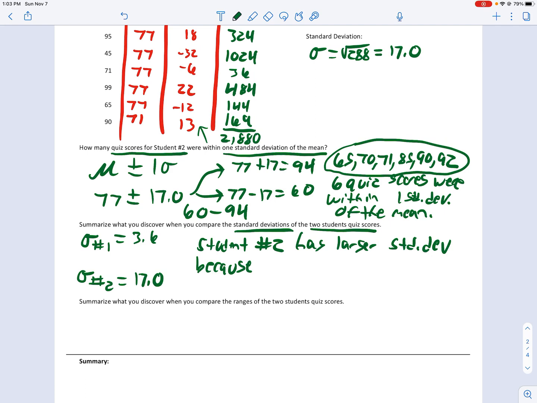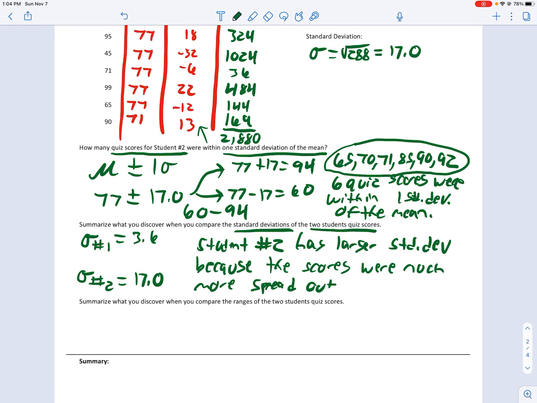So if you have a larger standard deviation, your data is more spread out. So the scores were much more spread out.